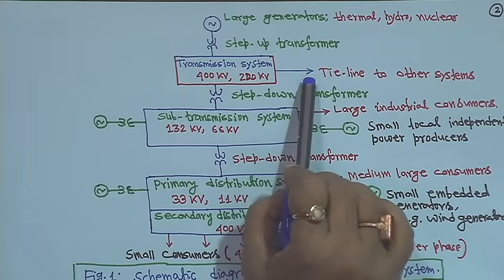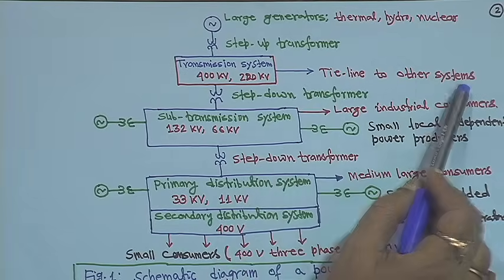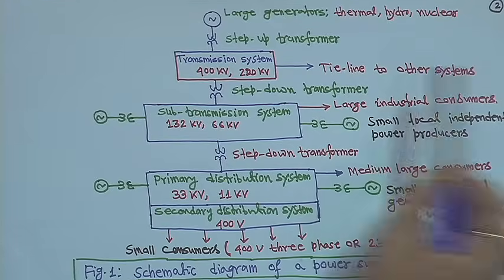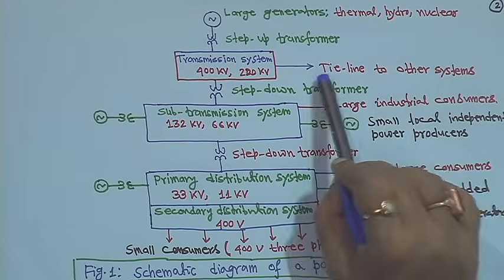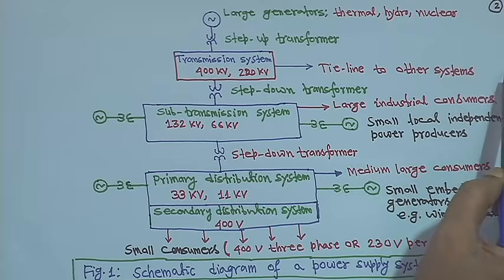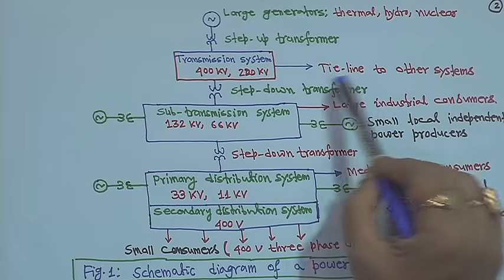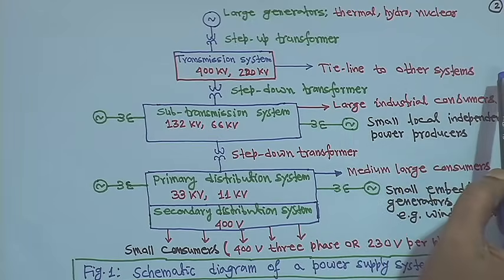So we show it by a single line, the tie line to other systems. Other system means another power system, or it may go to another substation somewhere, right?